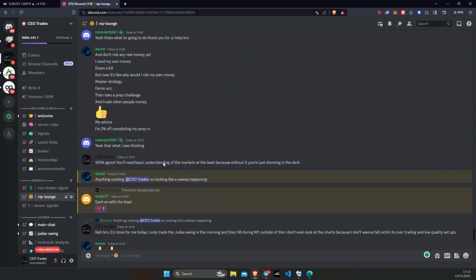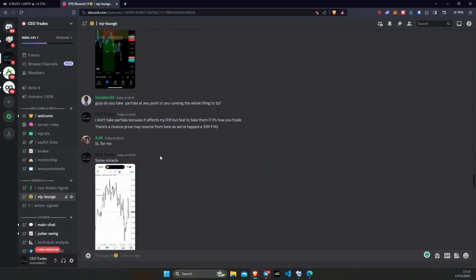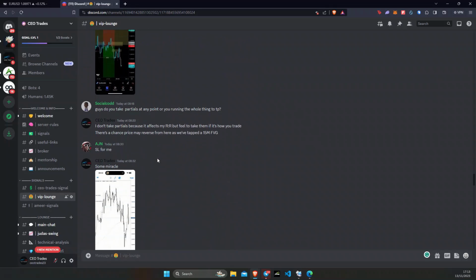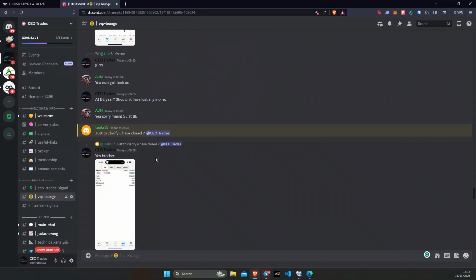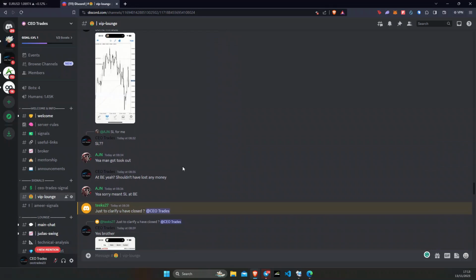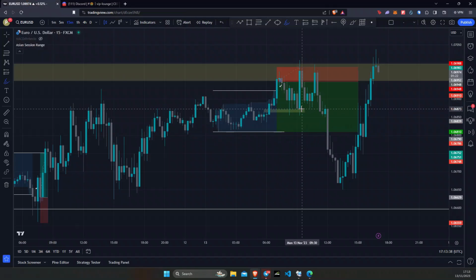So when I saw this zone, I did call this out in the Discord, and I said that right here, once we break that low, go break even. And I said this because, of course, there was that 15-minute fair value gap down there, right? So there's a chance price may reverse as we've tapped a 15-minute fair value gap. So because I saw this, I wasn't all too confident in the trade.